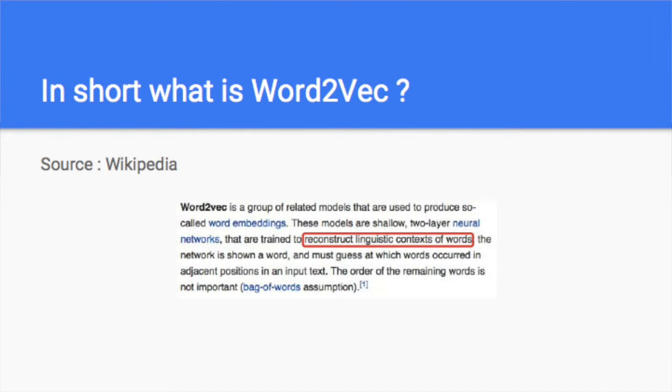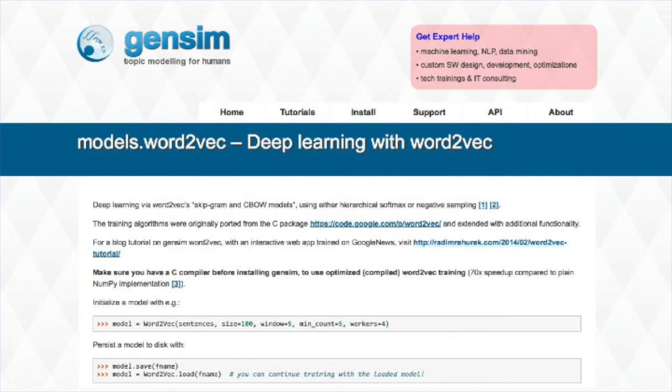So according to Wikipedia, Gensim is an open-source vector space modeling and topic modeling toolkit implemented in the Python programming language. And Word2Vec is a deep learning tool from Gensim which allows us basically to reconstruct linguistic context of words within a corpus of text. Many of you may have heard about deep learning.